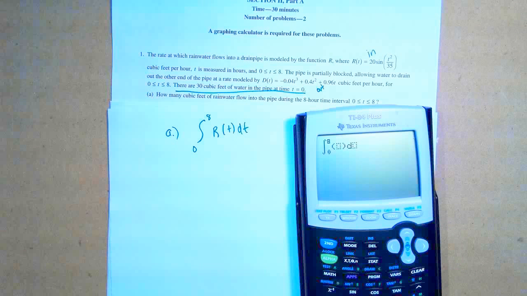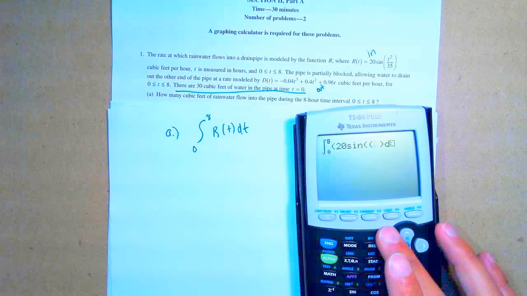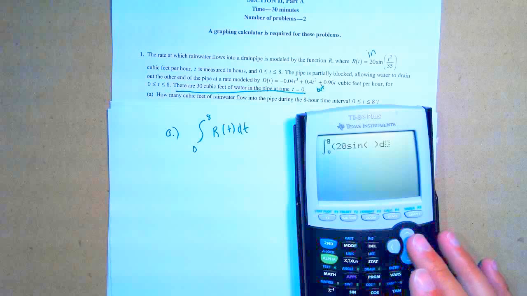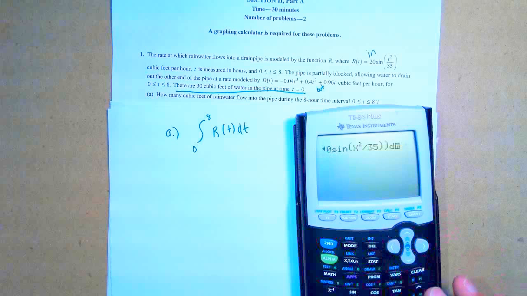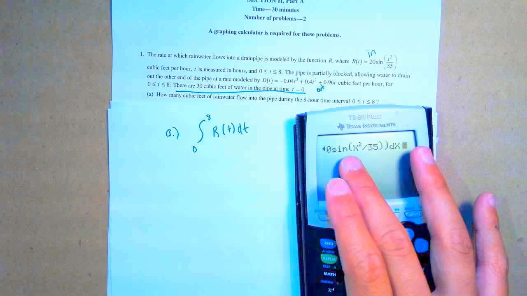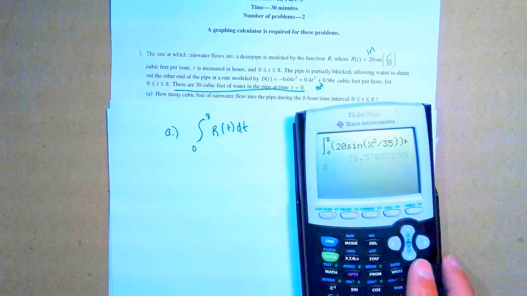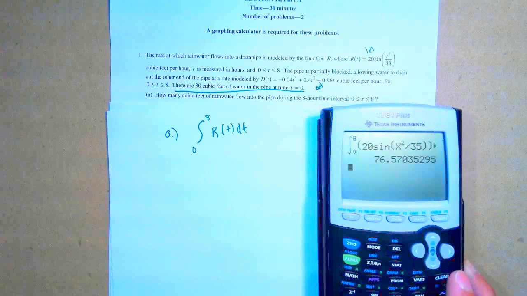Now, because this is a trig function, you have to make sure that your calculator is set in radians. So 20 sine parentheses, you don't have to plug in t, you can plug in x. So x squared divided by 35. Close it, and then press x because it has to match up with that letter on the inside. Press enter, and you're going to get a value of 76.57.